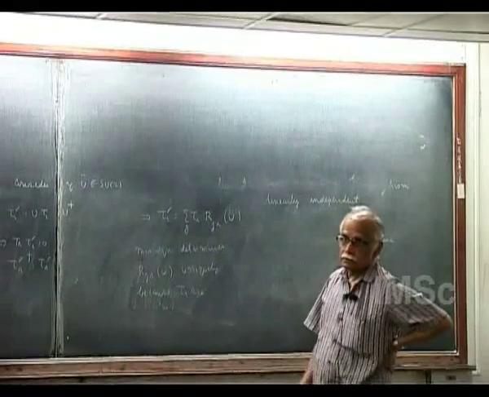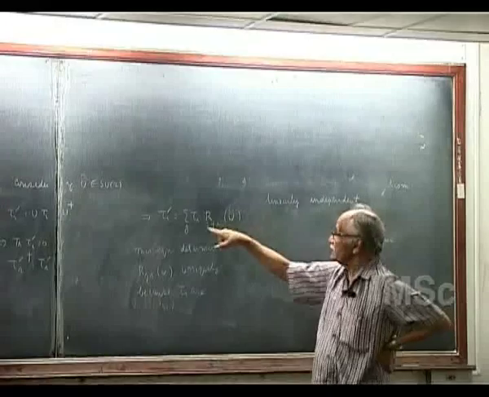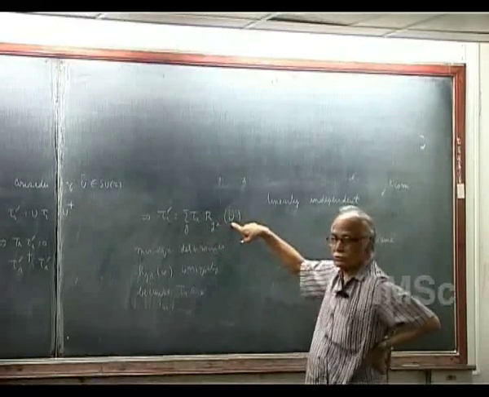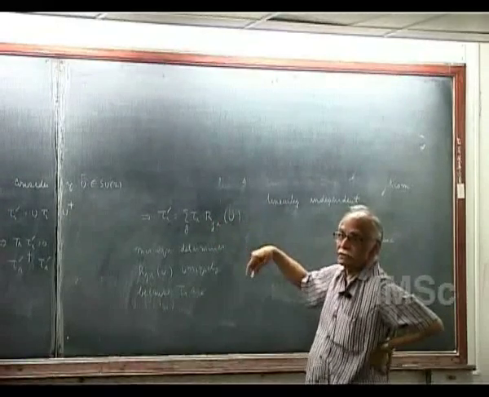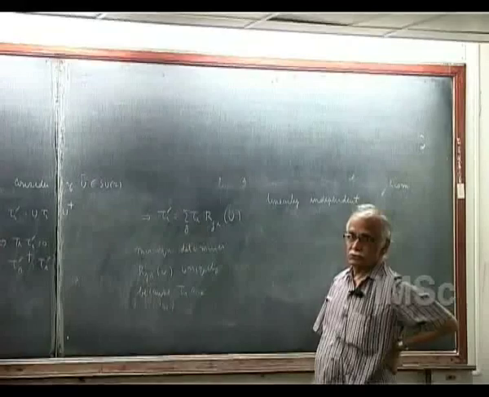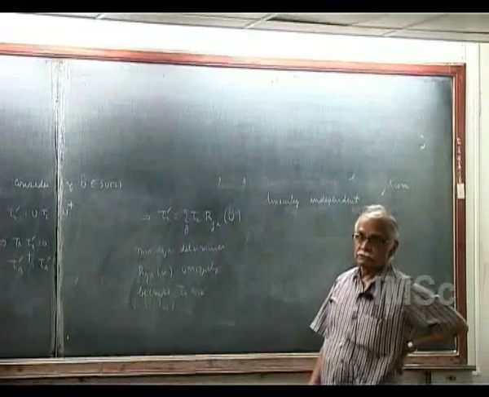Suppose there is another solution R prime, you equate them, but the taus are linearly independent, so the coefficients must be equal.